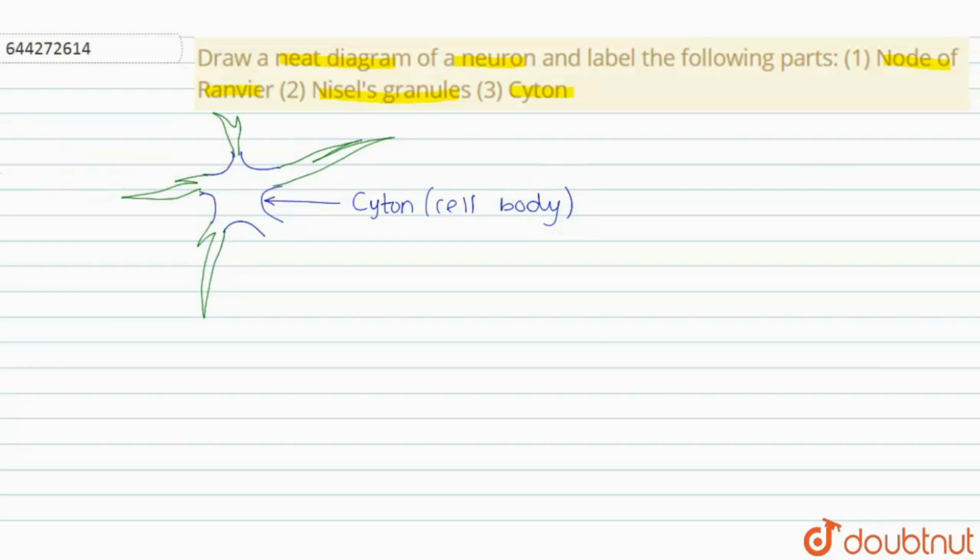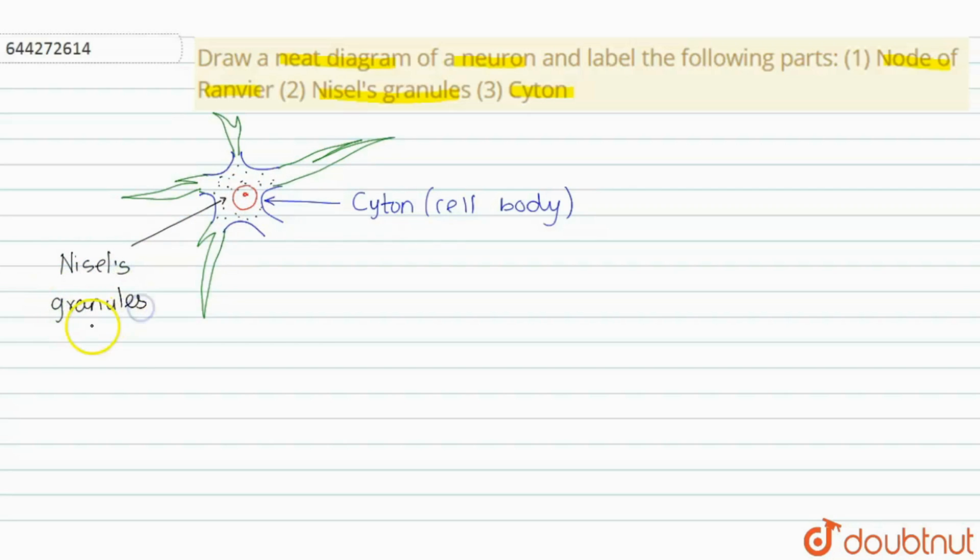The green color structures which I have drawn are called the dendrites. After that, there is a nucleus present in the center of the cyton. This is the nucleus of the neuron. Then apart from that, we also have some dot-like structures present inside the neuron, and these granular structures are called Nissl's granules.